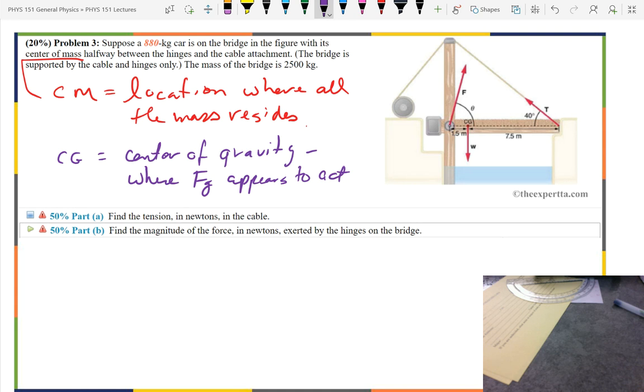How in the world can I find the tension in newtons in the cable given what we know? Does anyone have an idea? Possibly Cole, because he's taken statics. Have you done problems like this yet? Yeah. The nomenclature you learn there is going to be different than the nomenclature we learn here.